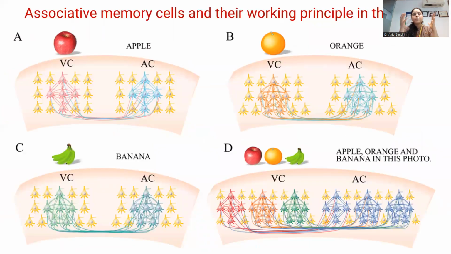Now, in our brain, how are these associative memory cells connected with each other? It is one of the important things. We have an apple, an orange, a banana. Our mind is trained enough with the help of our parents when we are a kid, so that whatever image comes in front of us, we can easily recall it, and our cells, or we can say our neurons, get activated and we get the result.